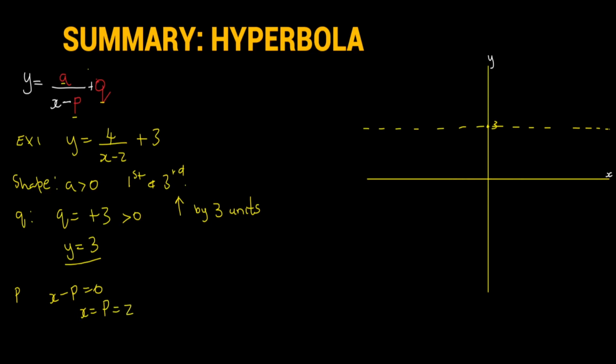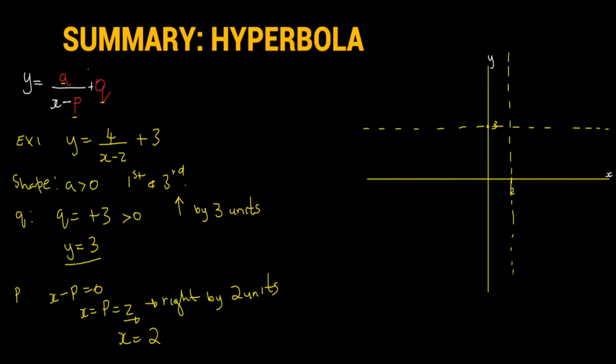That means it's going to shift to the right by 2 units. It also tells us we have a vertical asymptote of x equal to positive 2. We go there and draw that, so this is going to be our value of 2, and then we can draw that there.